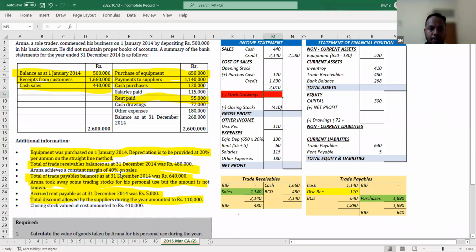As per the question, Aruna achieves a constant margin of 40% on sales.